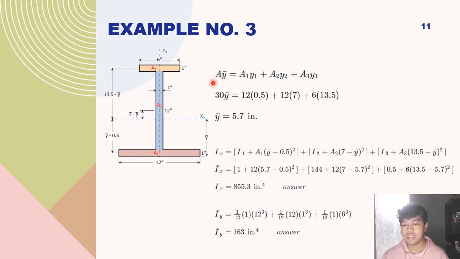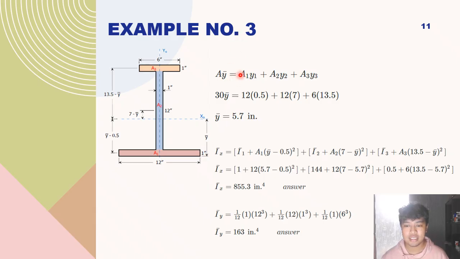So using Varignon's theorem, we have total area times y-bar is equal to A1 y1 plus A2 y2 plus A3 y3. So again, this is the total area times the location of your centroid with respect to your reference line, which in this case is at the bottom of the whole thing.